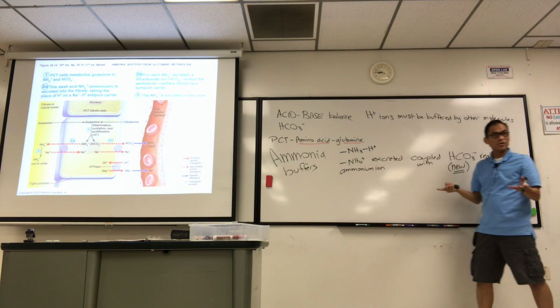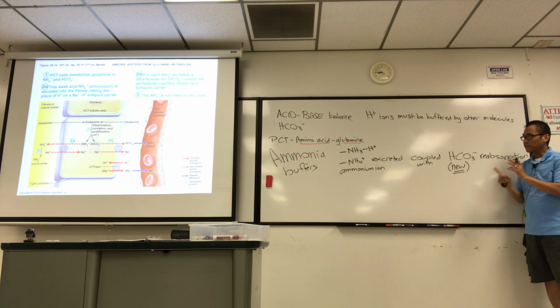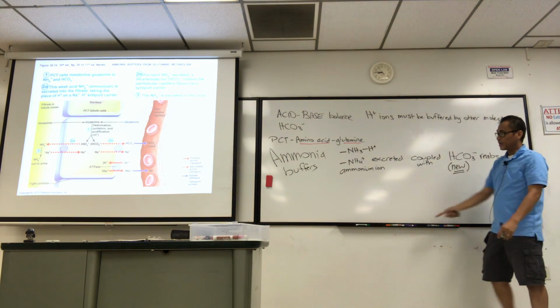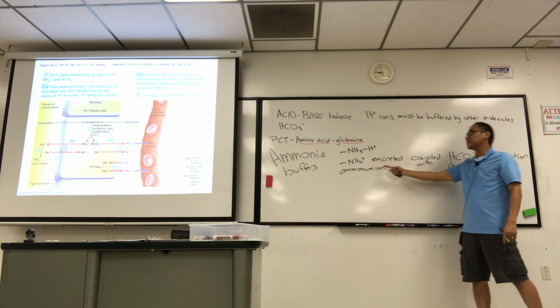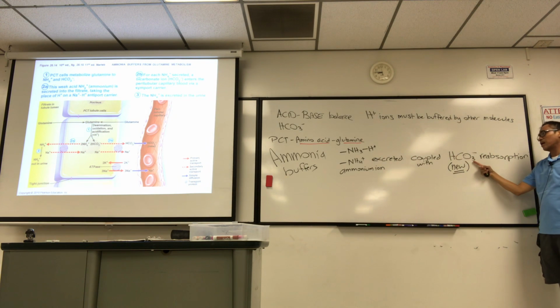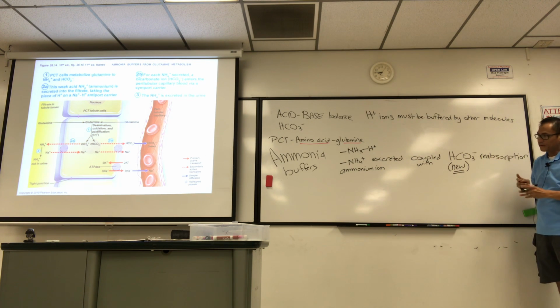That determines pH. So if the kidney is getting rid of an H+, at the same time adding back a bicarb, it's considered new if they're coupled. They happen at the same time. So this is really effective at combating or compensating for acidosis.